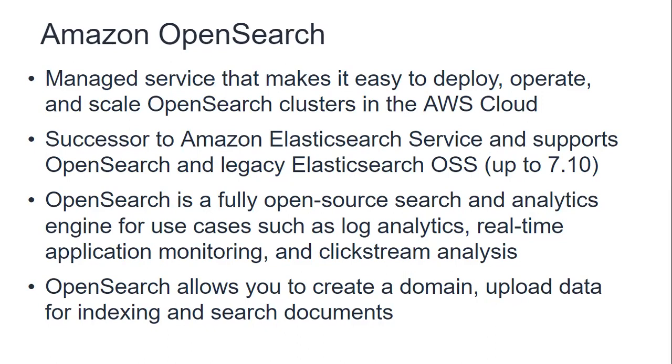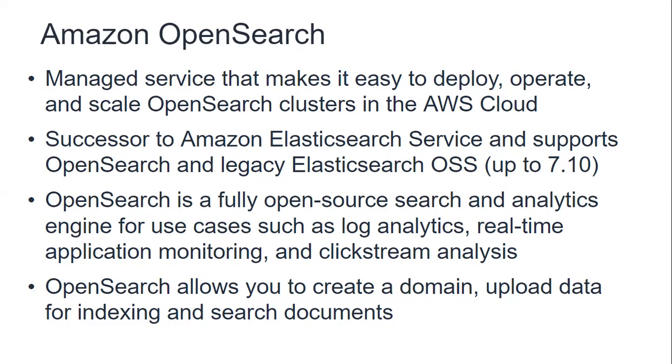So Amazon also created a fork from the last open source version and called it OpenSearch, and they develop it from there, or they add new features from that last version.